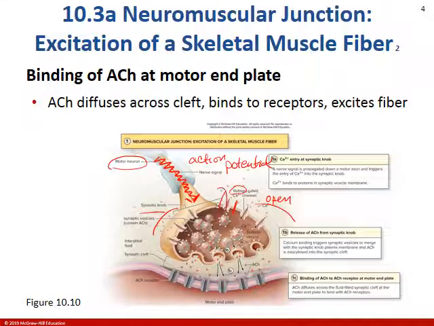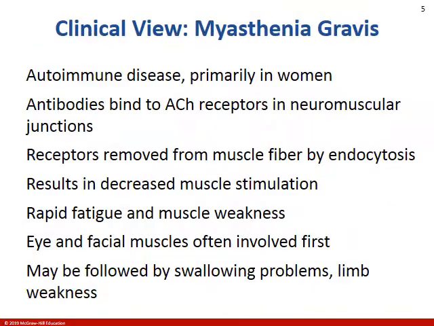The calcium floods into the synaptic knob. The calcium binds to proteins on the vesicles, and the vesicles are filled with acetylcholine. When the calcium binds, the acetylcholine is released into the synaptic cleft, and eventually the acetylcholine is going to bind acetylcholine receptors on the sarcolemma of the muscle fiber cell.